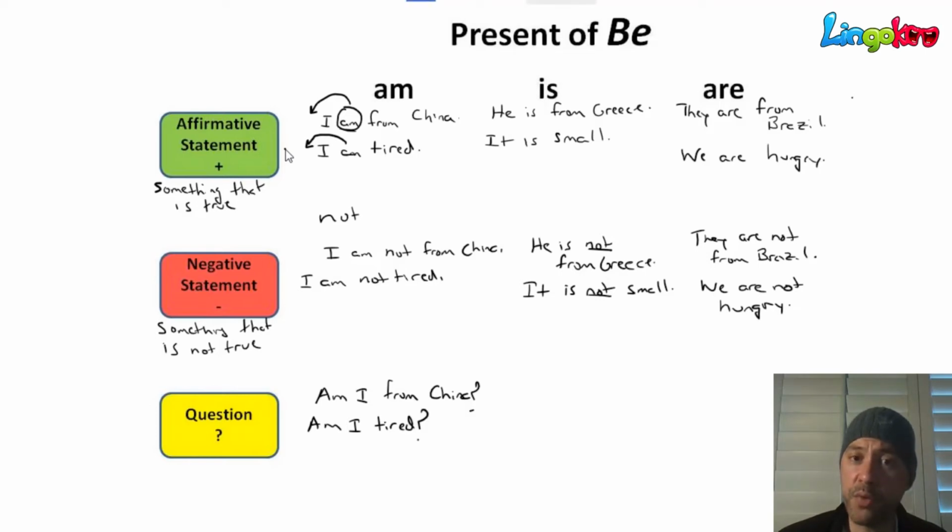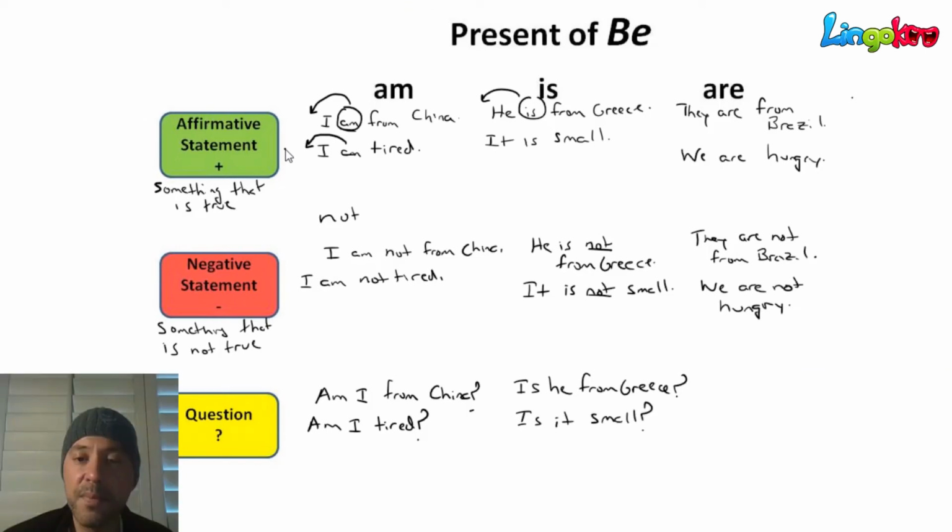And then for the examples for is, I will write he is from Greece. All I'm going to do, take the is, put it right in the beginning, and I will ask, is he from Greece? Or is it small? And then finally, they are from Brazil.